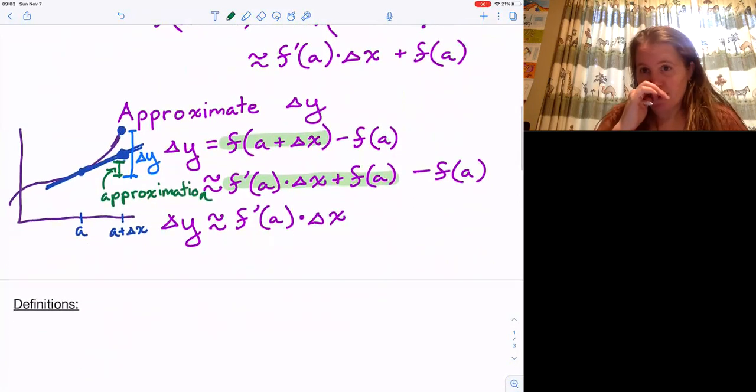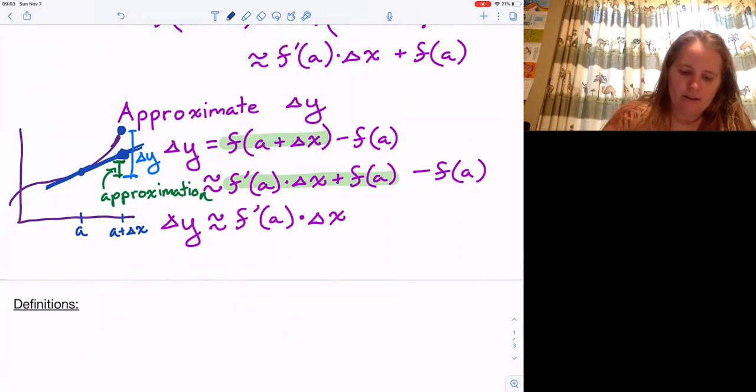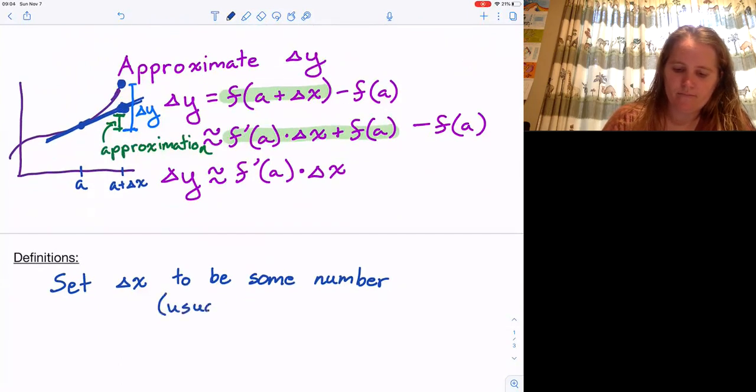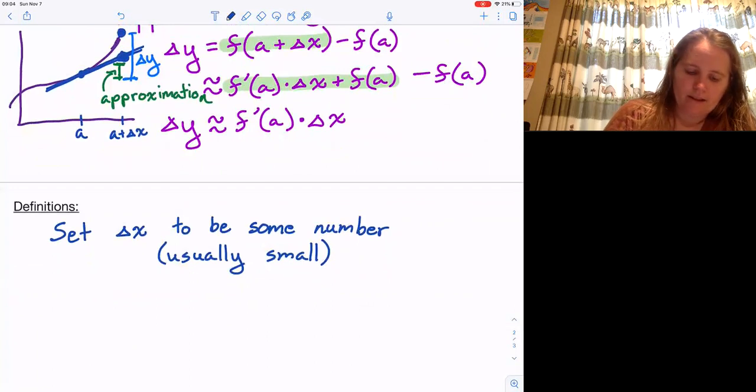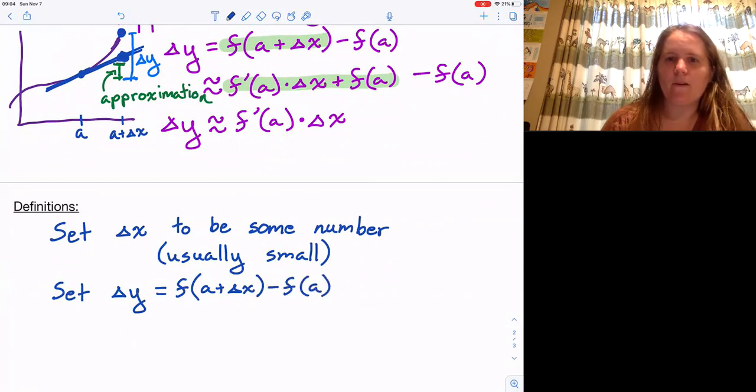So now I'm going to go ahead and just define the differentials. So again, if we set change in x to be some number, usually small, and then we set change in y to be our f of a plus change in x minus f of a, right, the actual change in y.